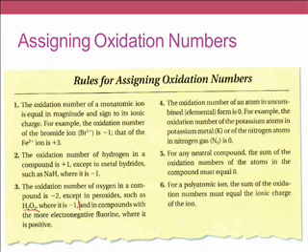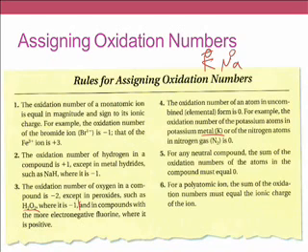Number 4: the oxidation number of an atom in an uncombined elemental form is 0. For example, potassium atoms would be 0, because there's nothing to lose or gain electrons with. It's not going to be pulling or throwing away electrons. Potassium is 0. Sodium is 0.